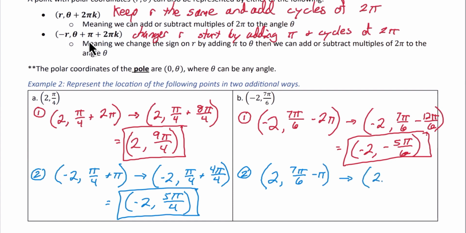We have 2, and again we'll need to get equivalent denominators. So let's think of that second part as 6π/6. We now have (2, π/6). And again, this represents the exact same point.